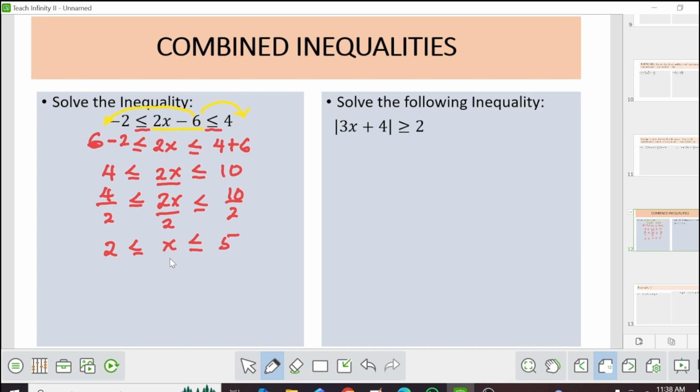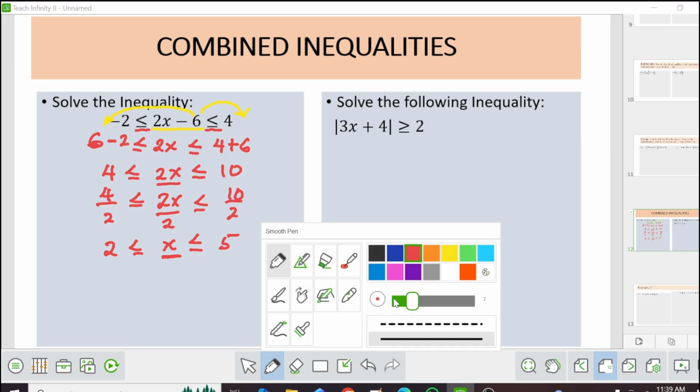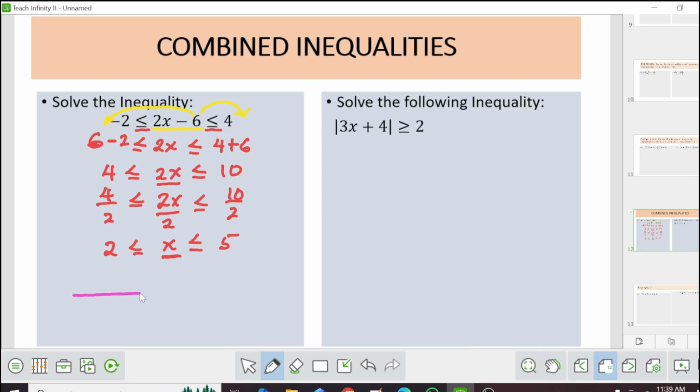I always have a culture of reading from the unknown. Read from the unknown if you want to read inequality. Say x is greater than or equal to 2, but the same x is also less than or equal to 5. To represent it on a number line, we can have a straight line that shows the number line.